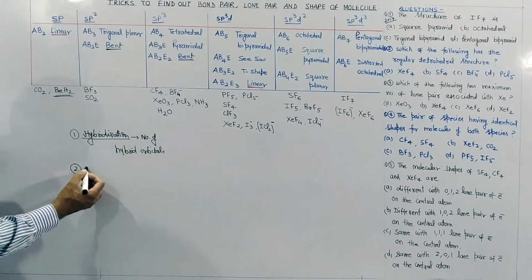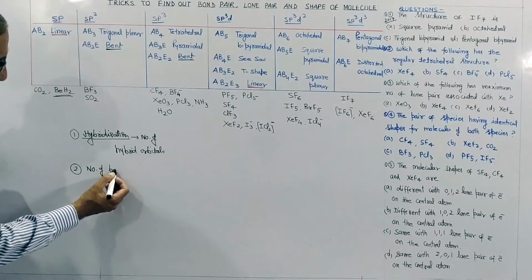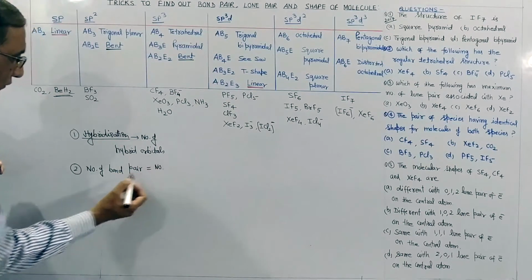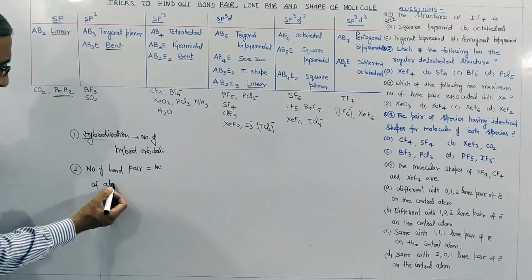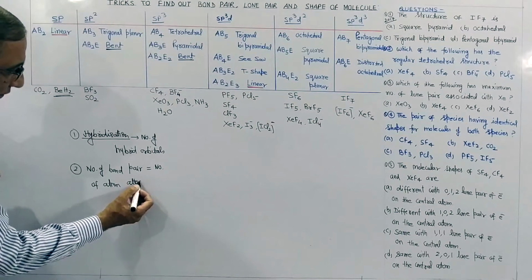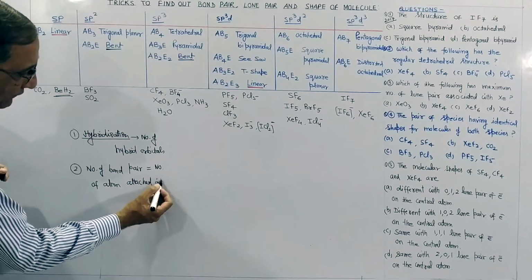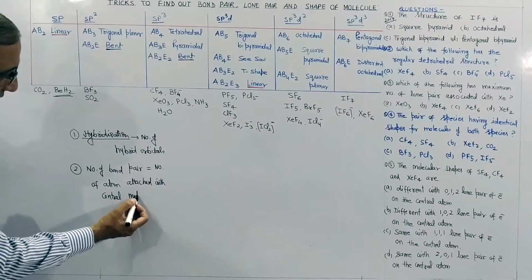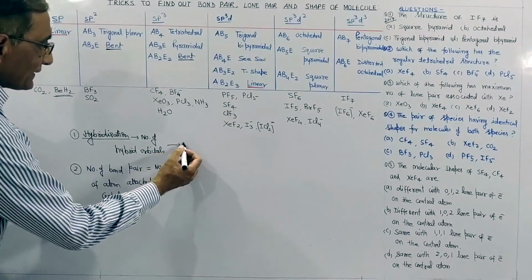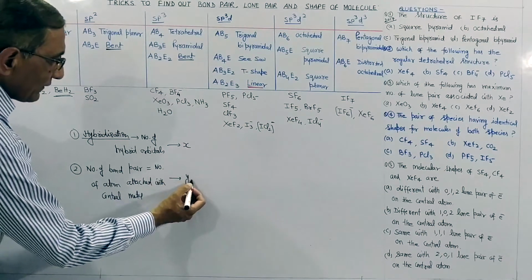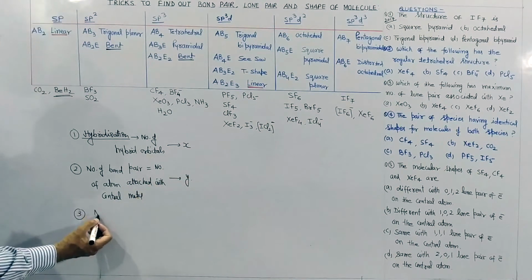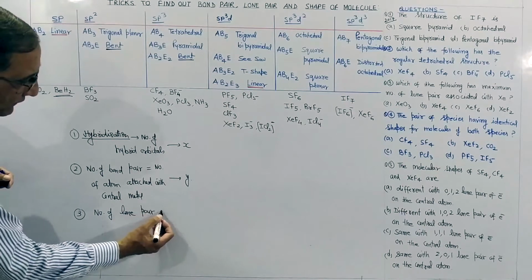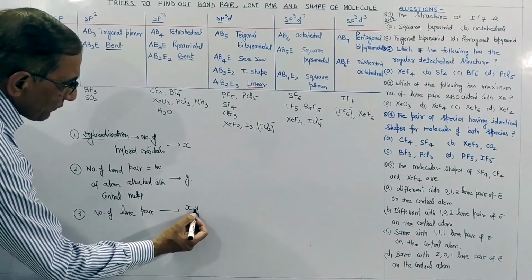Then the second point is the number of bond pairs will be equal to the number of atoms attached with the central metal. Suppose this value we take as x, this value we take as y. Then the number of lone pairs will be, students, x minus y.